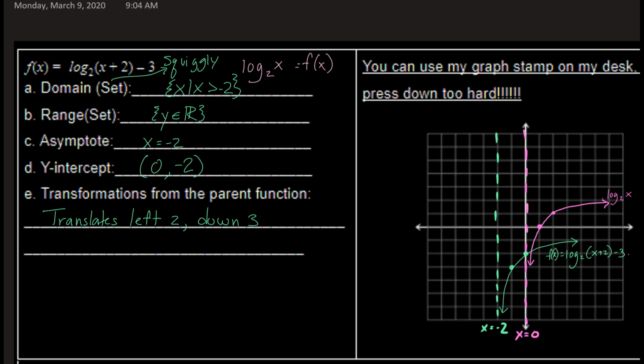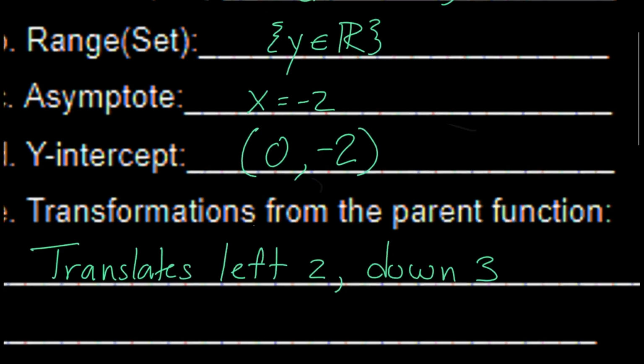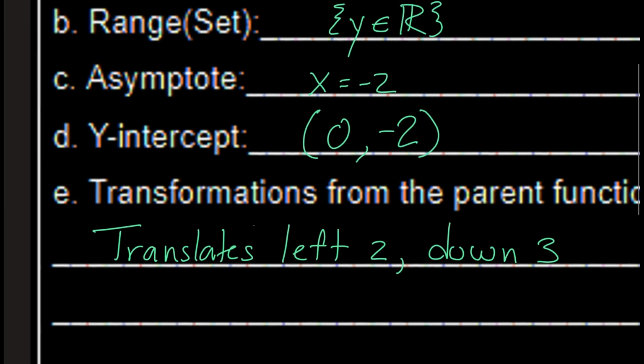If it wasn't such a perfect point, what would you do to find the y-intercept? Plug in 0 for x.